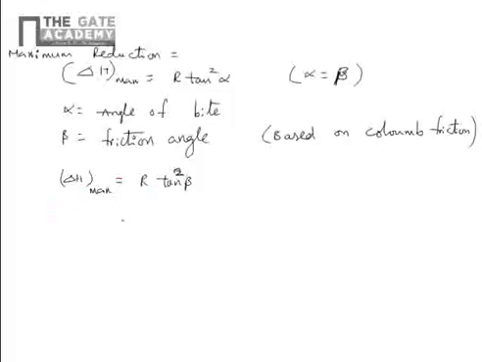As we know, tan square beta is nothing but mu square. Delta H max equals R mu square, where mu equals tan beta. Mu is the coefficient of friction.